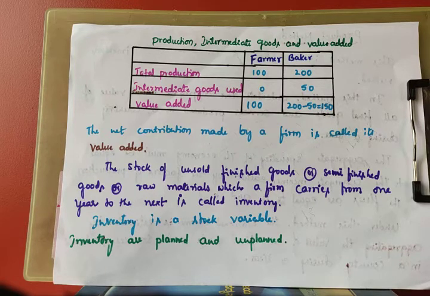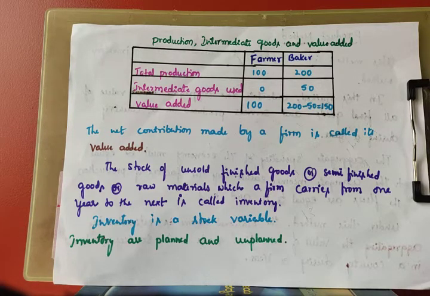Don't forget, the bakers purchased rupees 50 worth of wheat from the farmers, used it completely during the year, and produced rupees 200 worth of bread.